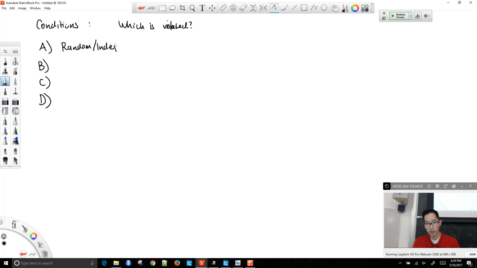You don't have to write this down, and I'll type up the question in Word here, just because it'll be faster. Random and independent, large sample, big population, and then we'll say no conditions violated is option C.